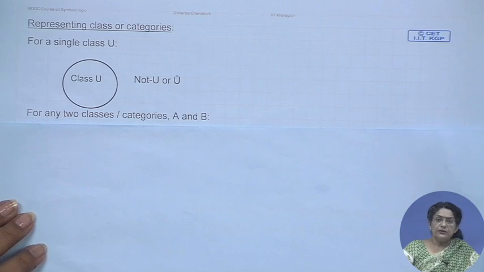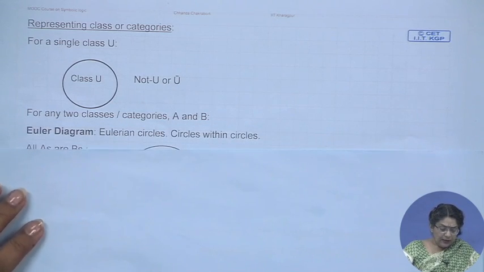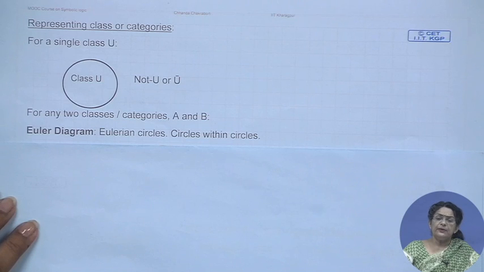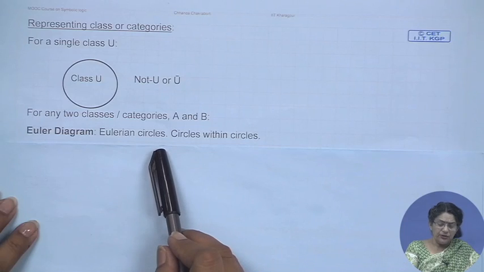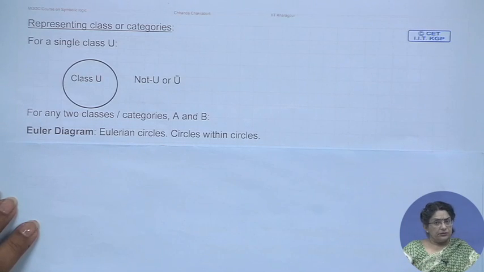You may also have used, when dealing with two classes or categories, what we call Euler's diagram. The Euler diagram is a mathematical way to represent classes. They use what is known as Eulerian circles. So, they use circles, but circles within circles. Two classes will mean one circle is within the other circle.